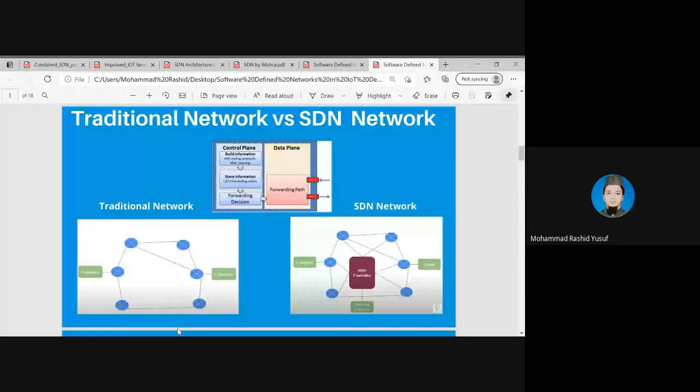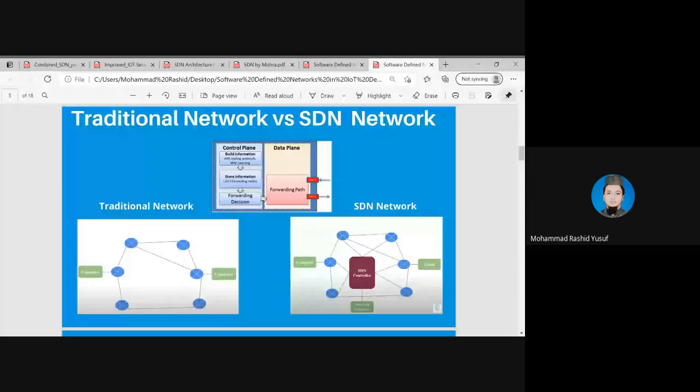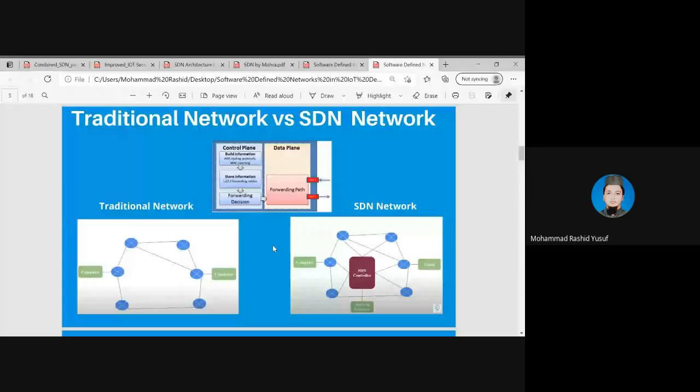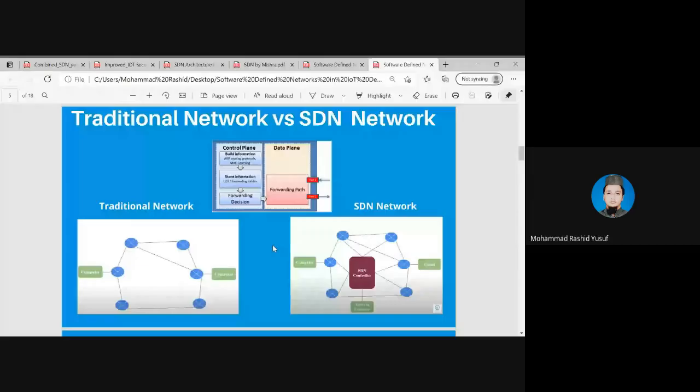And SDN, software defined network, has become a popular alternative to traditional network because it lets IT administrators provision resources and bandwidth as needed without requiring any investment in additional physical infrastructure. There is no need for other resources and cost, because everything is handled in the software defined network.